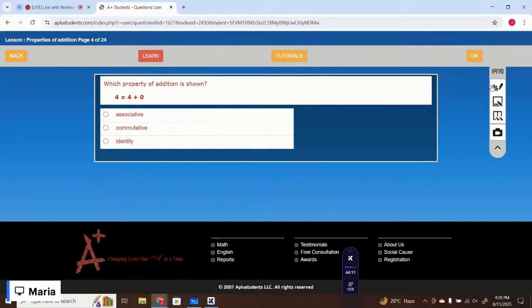Which property of addition is shown? That is the identity property. Option number three is the correct option.